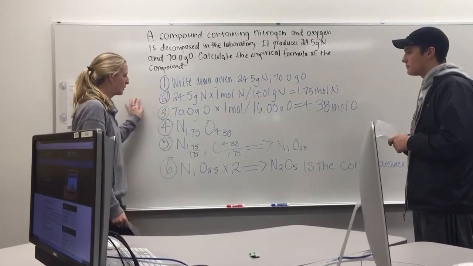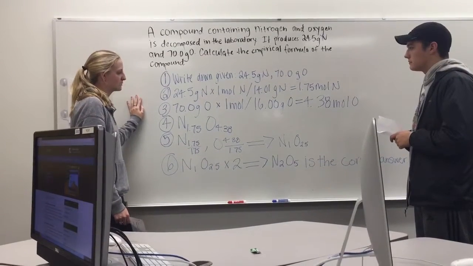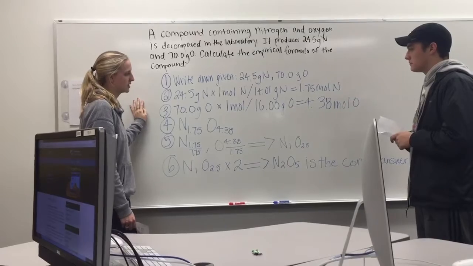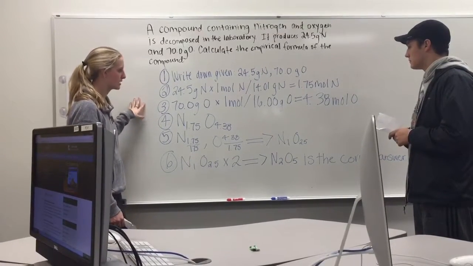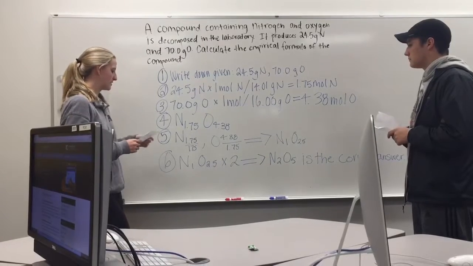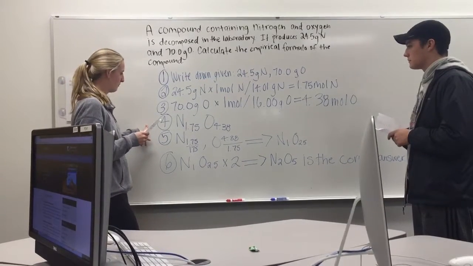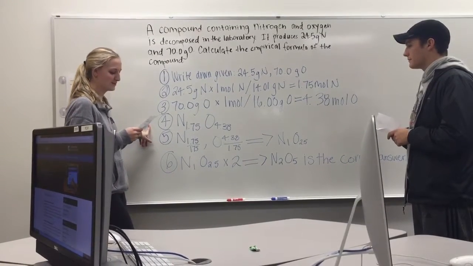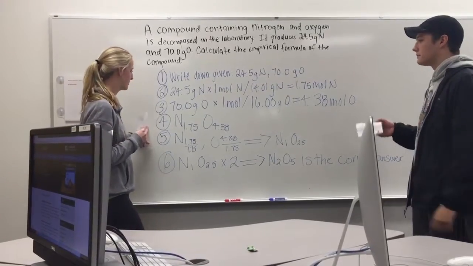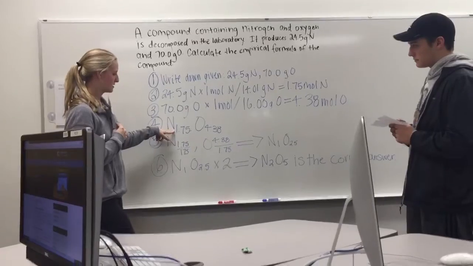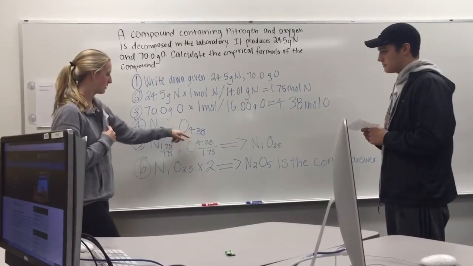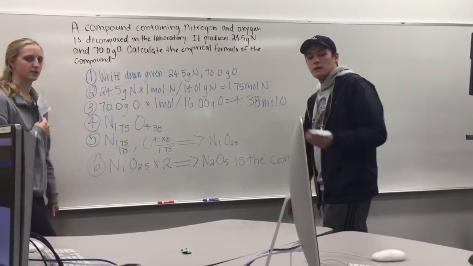So that's going to be 70.0 grams oxygen times 1 mole divided by 16.00 grams oxygen equals 4.38 moles oxygen. And then the last step is going to be to write down the elements using the number of moles in each element as subscripts. So nitrogen subscript is going to be 1.75 and oxygen is going to be 4.38.